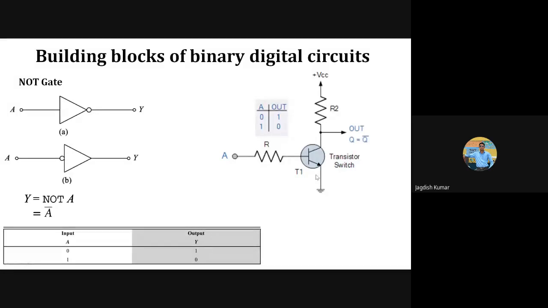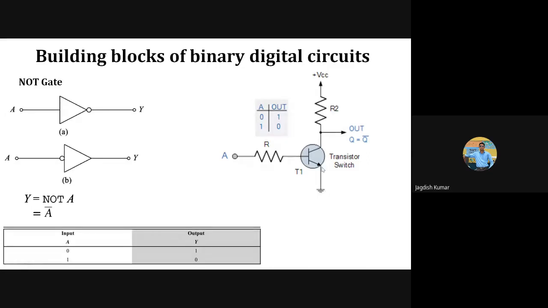If it is 0, what will happen? This base emitter junction is not biased at all, so the transistor will be in switch off state, meaning no current will be able to flow from emitter to collector. It is as if it is an open switch now. What will be the voltage here? The voltage here won't be 0 because now this has been switched off.